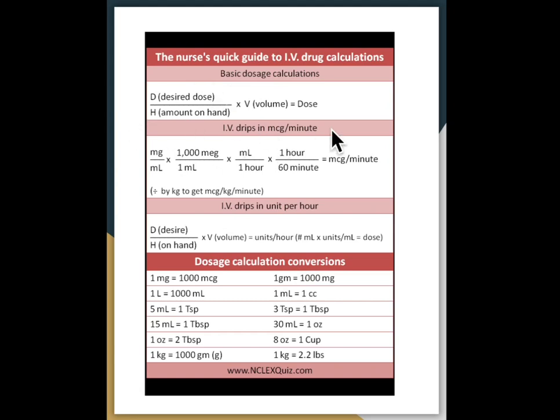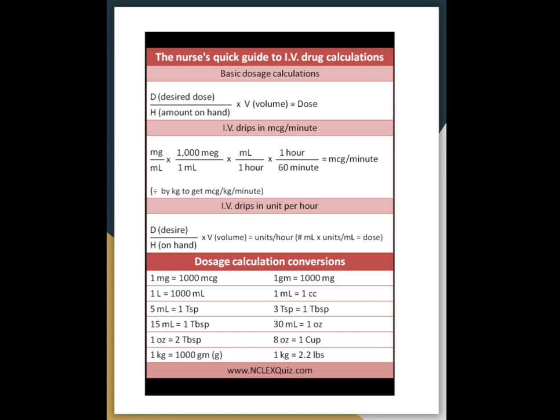Now, this first one we all know and love. It's really going to get you through most of your NCLEX questions, if I'm honest, especially most of your dosage calculation NCLEX questions anyway.